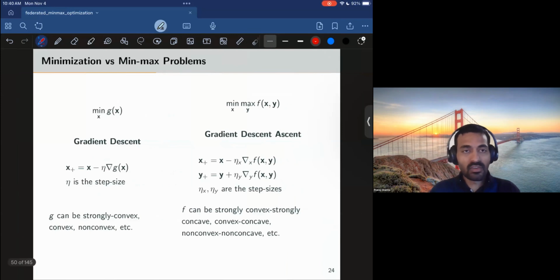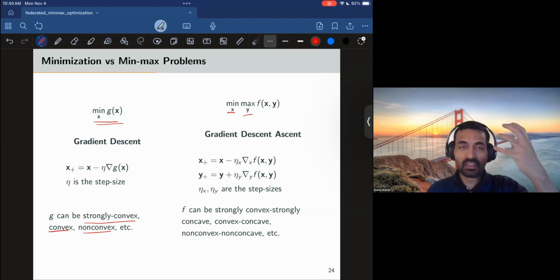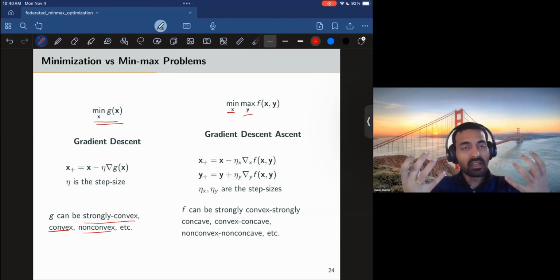And the classes of problems you have seen so far in this course, because we have only looked at minimization problems: we saw strongly convex functions, convex functions, and non-convex functions. Now, because we have min-max problems, we can choose one class of problems in the minimization variable and another class in the maximization variable.